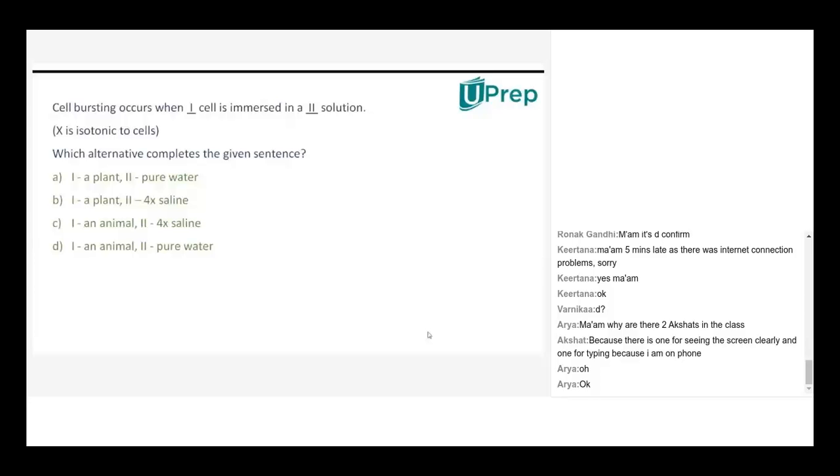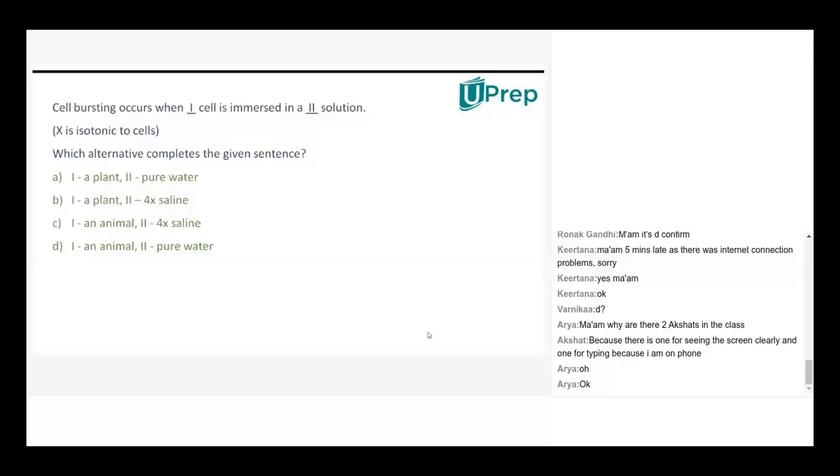Because in a plant cell, you will have a cell wall around the cell membrane to take in and give out water to maintain the balanced condition when the concentration of the solution changes. This we discussed under the cell wall of plant cell.